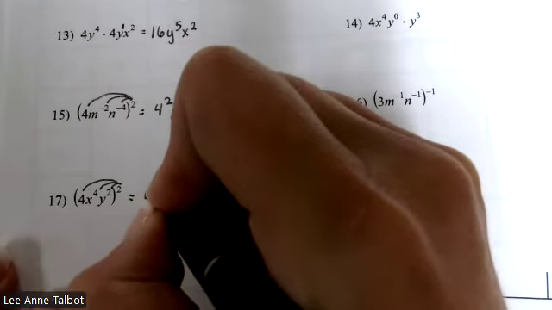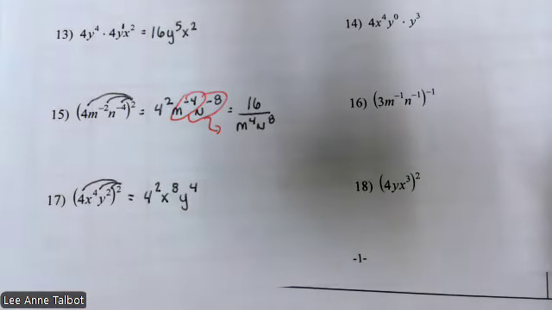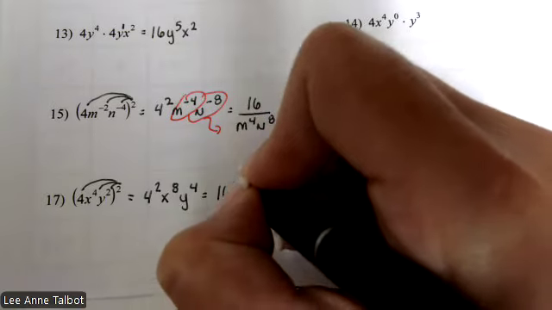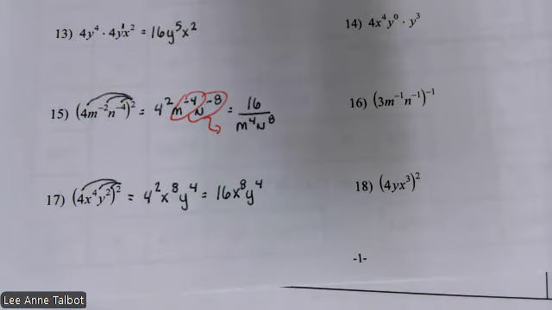Four squared, x to the 8, y to the 4, 16, x to the 8, y to the 4. And nobody's negative, so nobody needs to move.